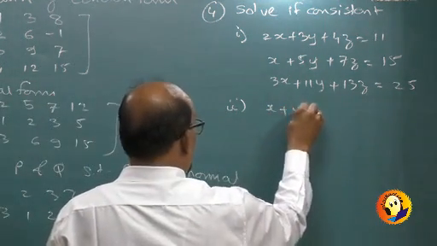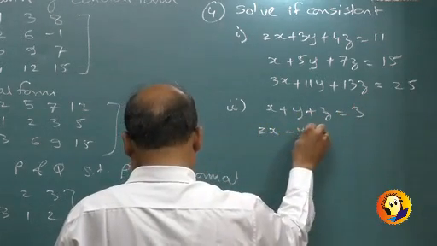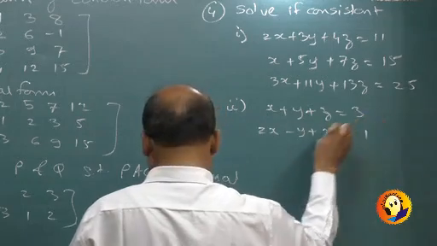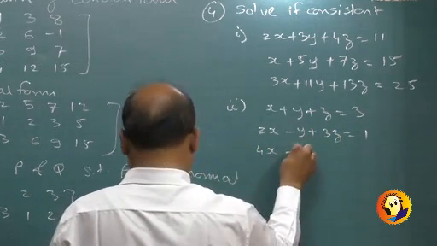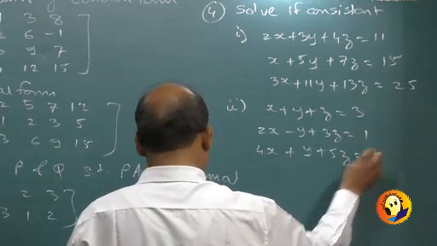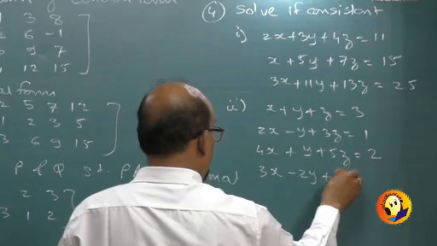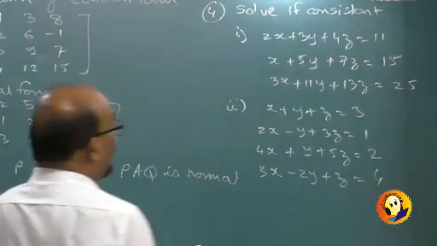x plus y plus z equal to 3, 2x minus y plus 3z equal to 1, 4x plus y plus 5z equal to 2, and 3x minus 2y plus z equal to 4.